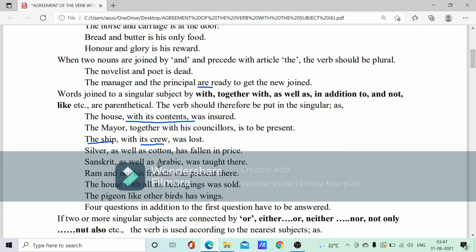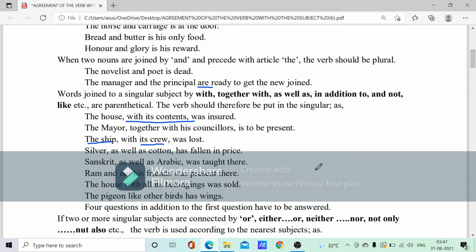Similarly, here you would find: Silver as well as cotton has fallen in price. Sanskrit as well as Arabic was taught there. Ram and not his friends was present there. The house with all its belongings was sold. The pigeon, like other birds, has... In all these sentences you would find that the verb has been used according to the direct subject. And what is that direct subject? That comes before these phrases: with, together with, as well as, in addition to, and not, like.